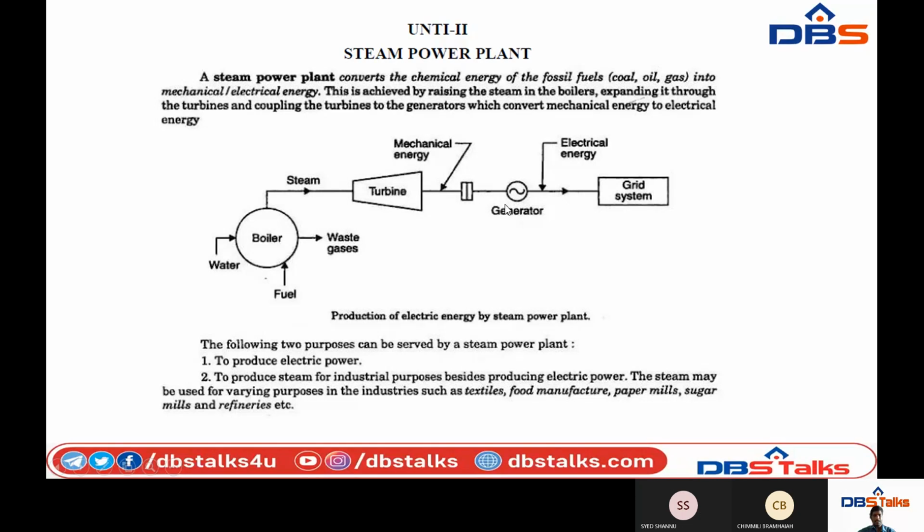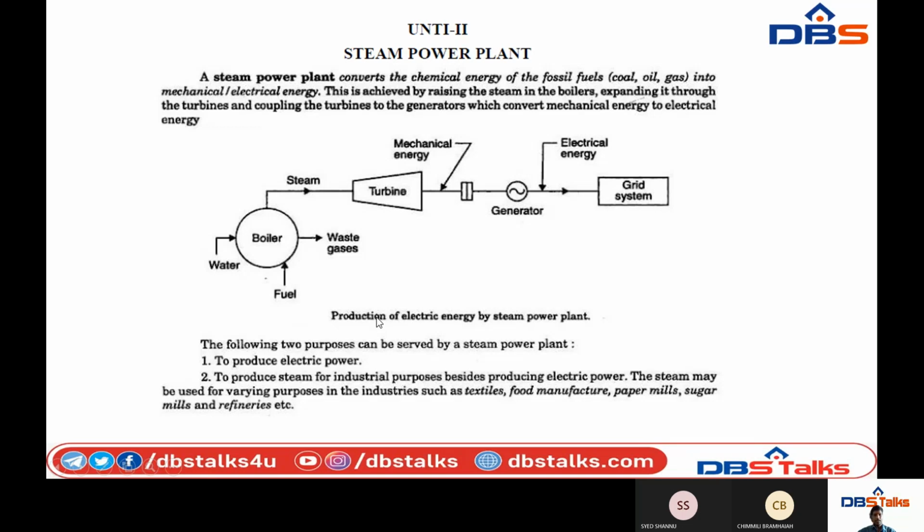The turbine is coupled to a generator, so the mechanical energy from the turbine drives the generator. Mechanical energy is converted into electrical energy by means of the generator, and then it is sent to the grid system.